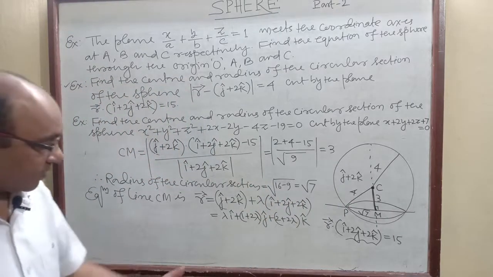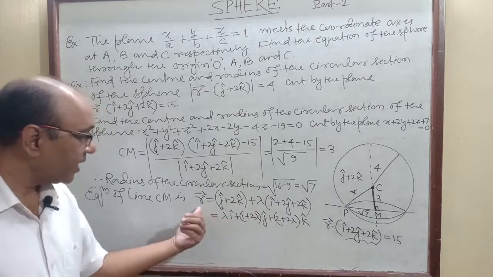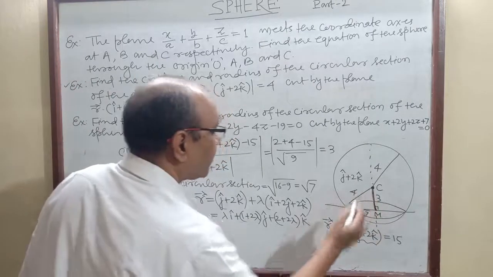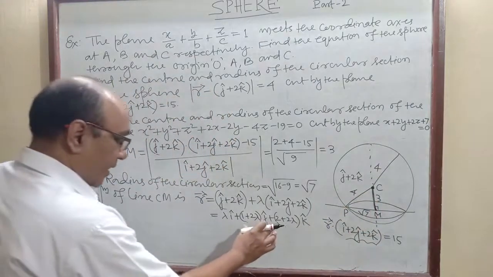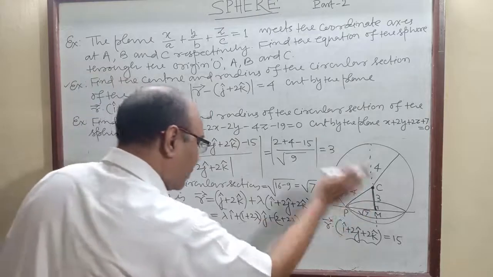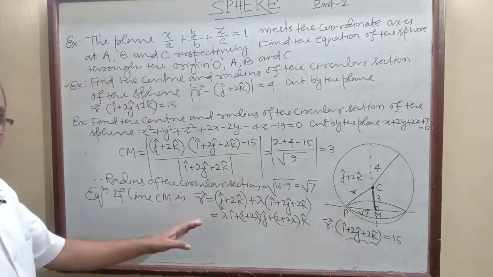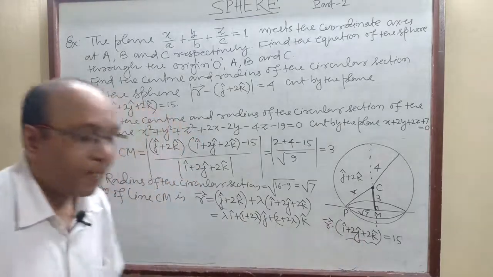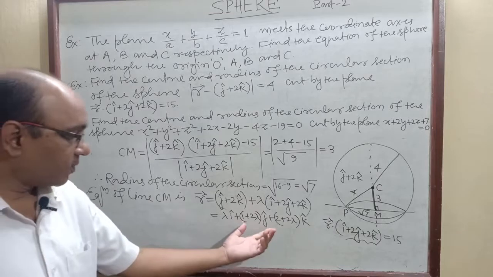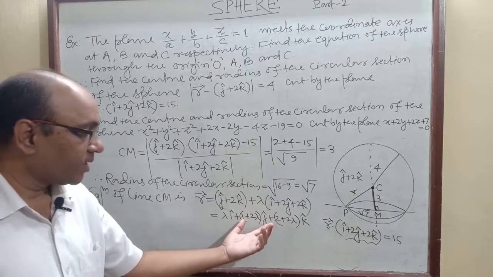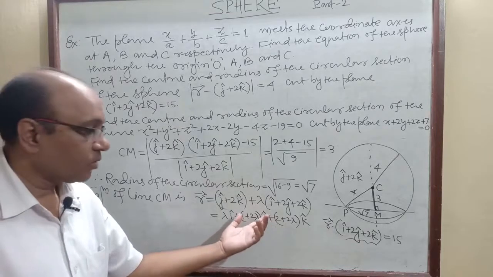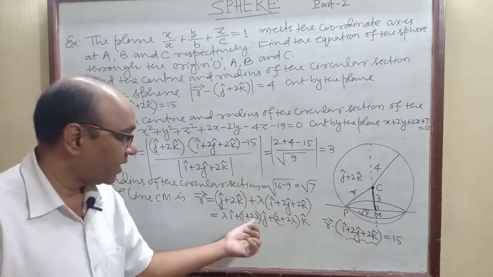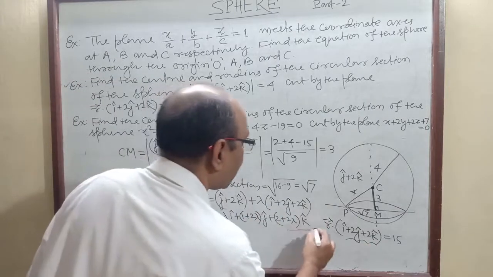Then by substituting the value of lambda here, we can get R. R will be the position vector of point M, the foot of the perpendicular. Then this will satisfy the equation of this plane, because if it is the position vector of M, then it must lie on the plane. From there we find the value of lambda. Take it as equation number 1.